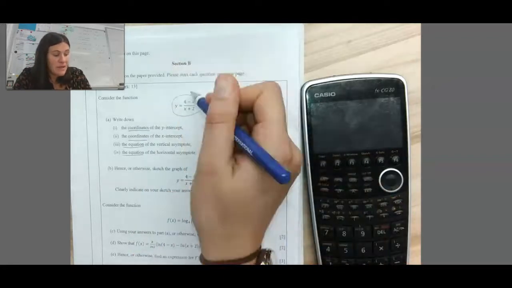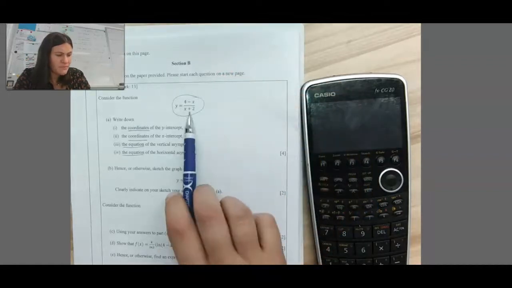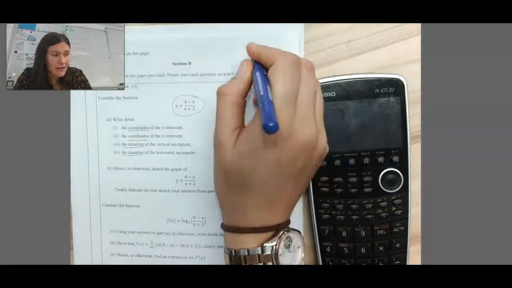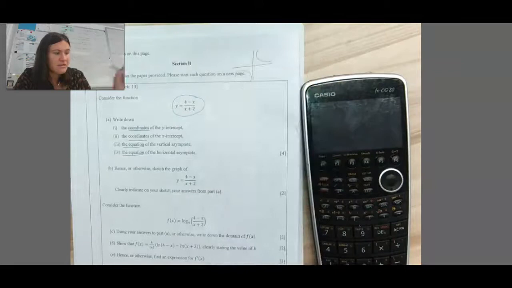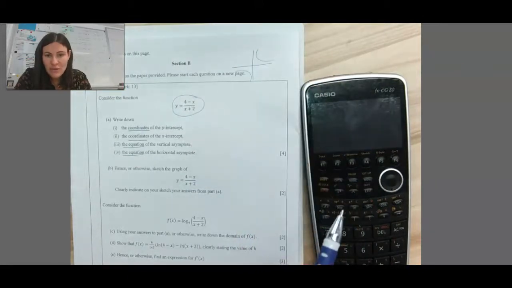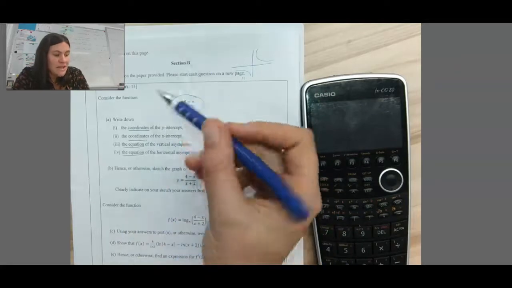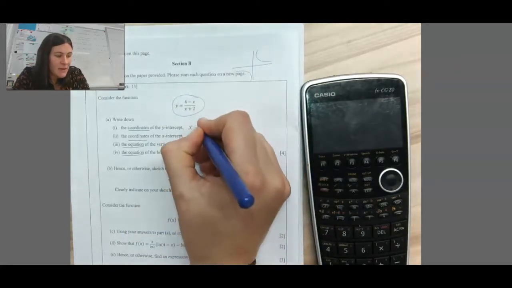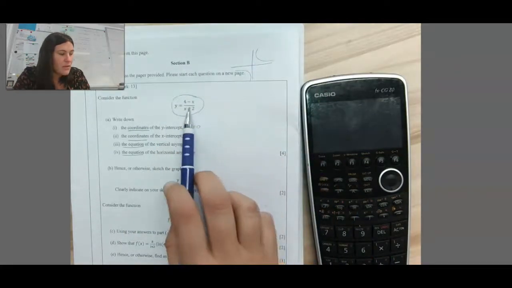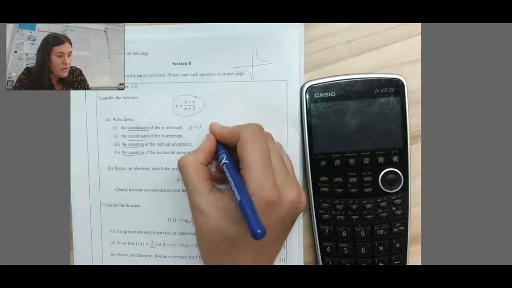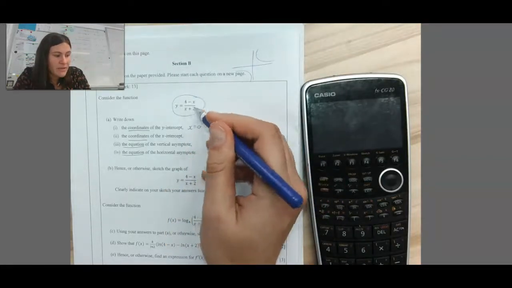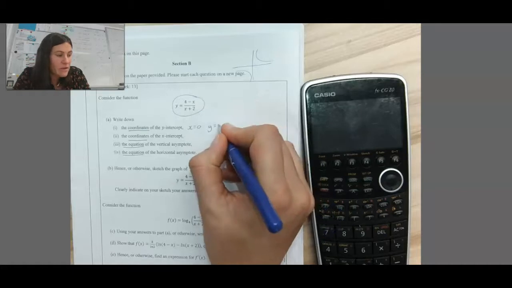So this is a reciprocal function. It's going to look something like this-ish, but if I have to sketch it, I'll do a better sketch than that. Okay, the y-intercept, this is when x is 0. So when x is 0, y equals 4 minus 0 over 0 plus 2. So 4 over 2, which is 2.